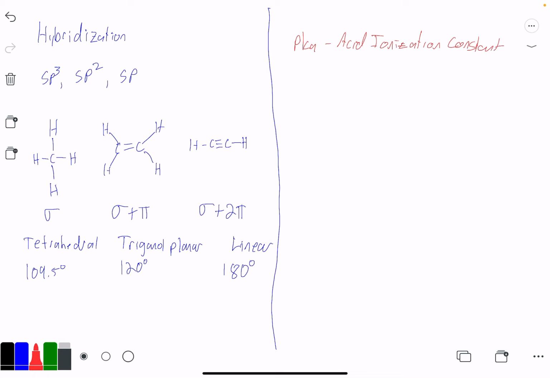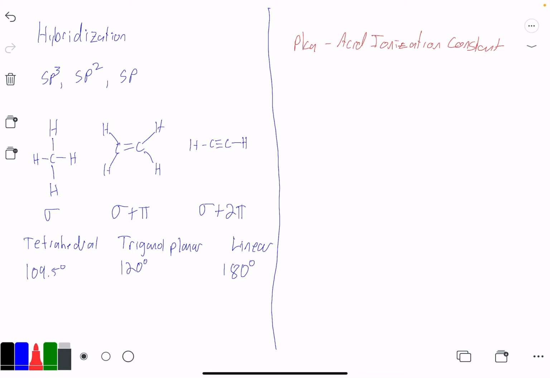So what this tells us is how readily a proton dissociates from something that it's bonded to, right? So it tells us the acidity. And the reason this is important is that if we think about organic synthesis in general, it's all Lewis acid and base chemistry.